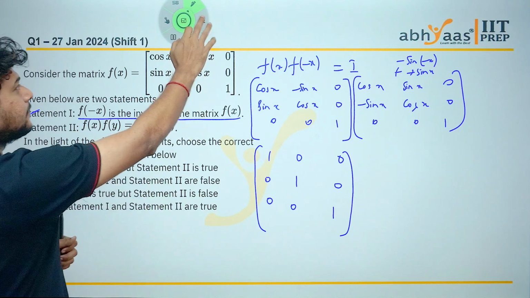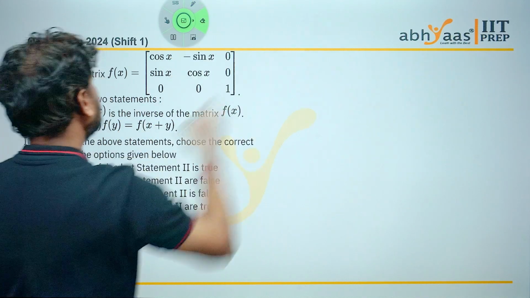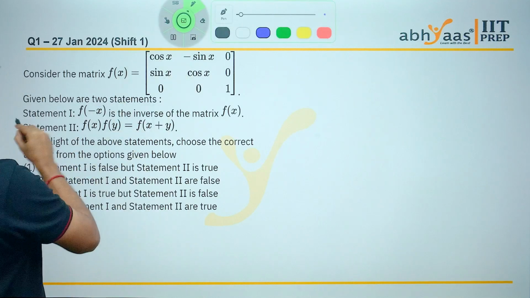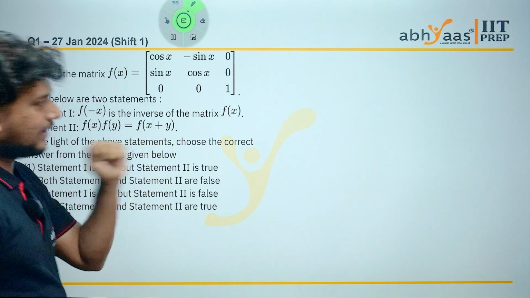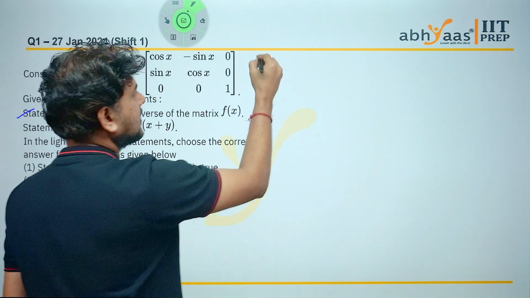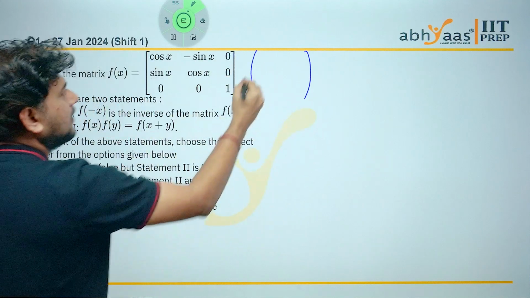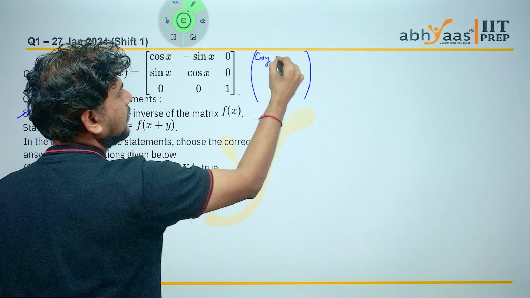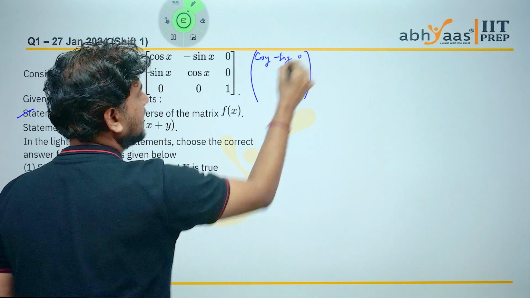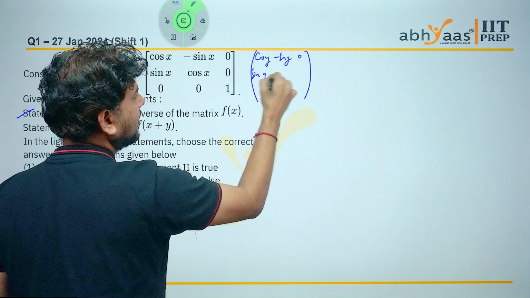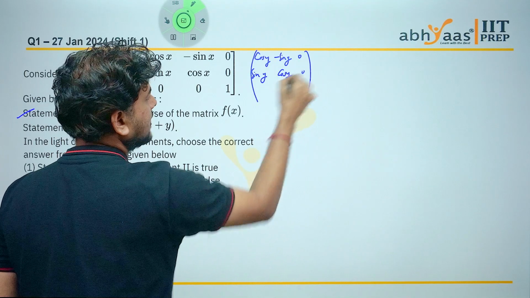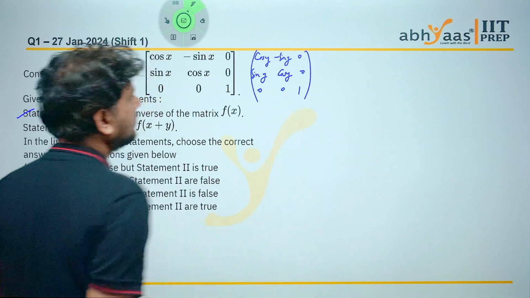Now the second statement: f of x into f of y equals f of x plus y. So consider f of x, that is this only. I am writing f of y: cos y, minus sin y, 0; sin y, cos y, 0; 0, 0, 1.